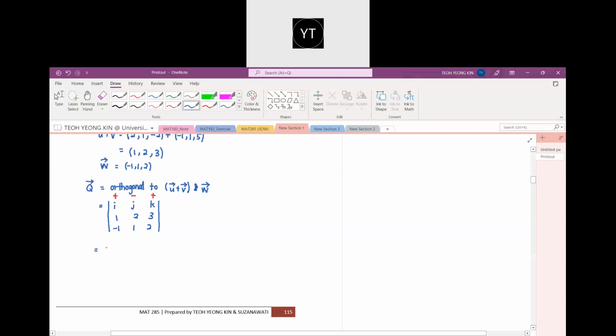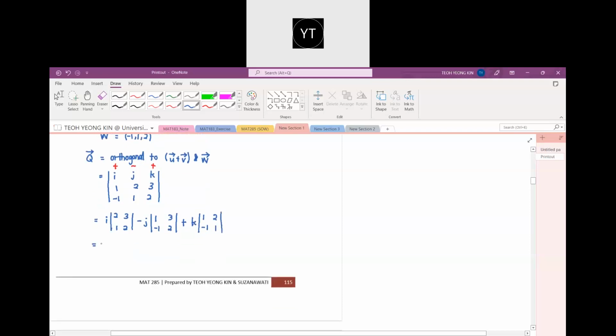So here is i, and then we cross: 2, 3, 1, and 2. Negative j, first row, second column: 1, 3, negative 1, and 2. Plus k, first row, third column: 1, 2, negative 1, and 1.